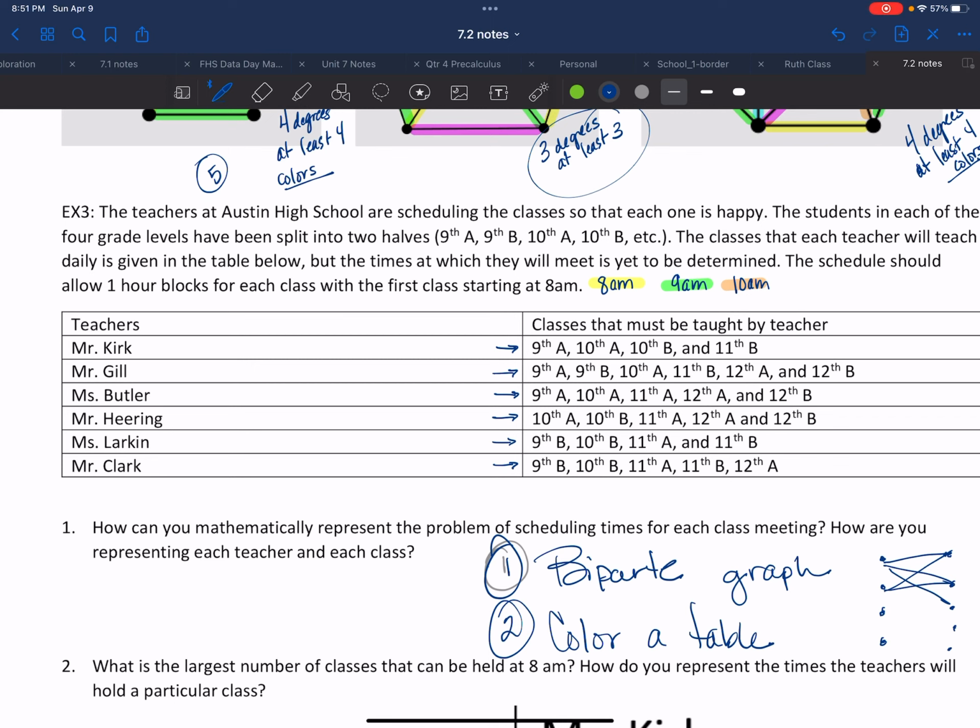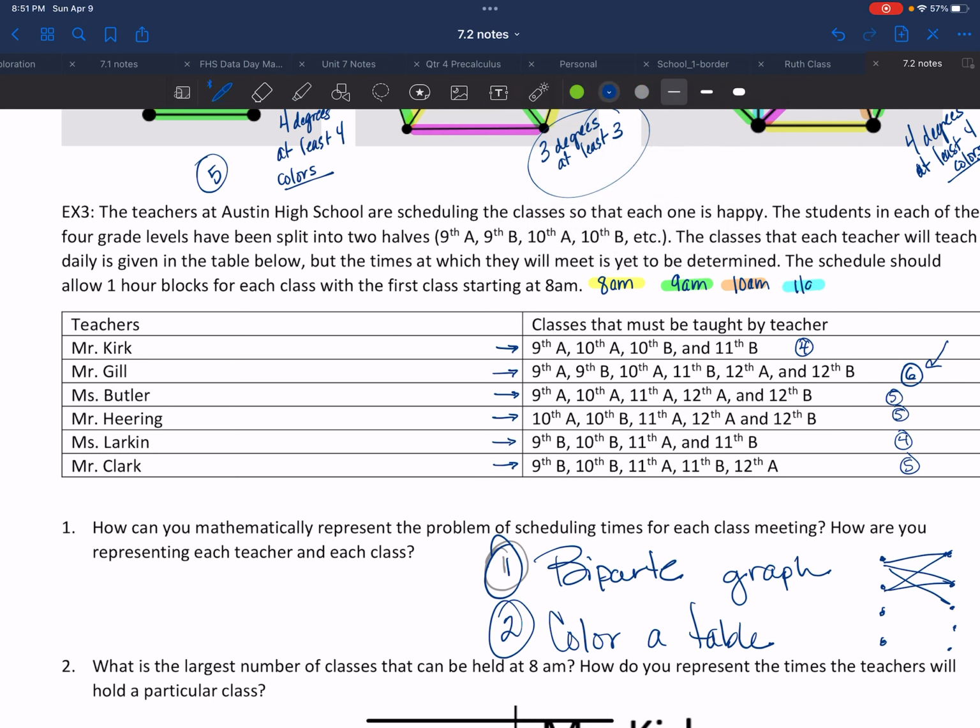So I have 1, 2, 3, 4 here. 1, 2, 3, 4, 5, 6 here. 1, 2, 3, 4, 5 here. 1, 2, 3, 4, 5 here. 1, 2, 3, 4 here. And 1, 2, 3, 4, 5 here. All right, so it looks like 6 is my maximum number. And so I'm going to go ahead and find 6 colors.